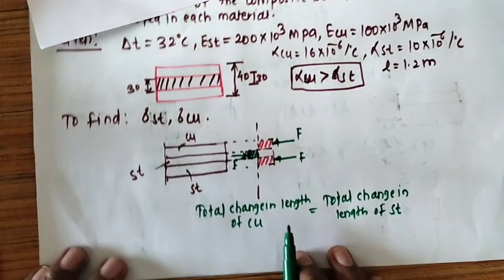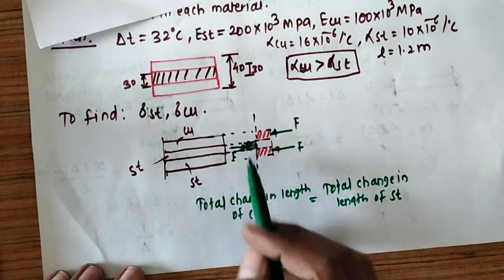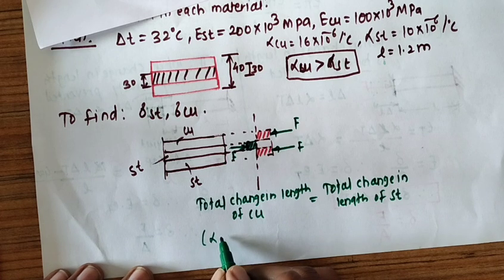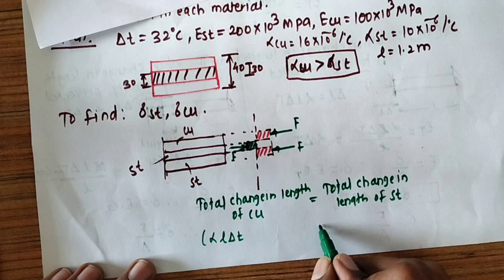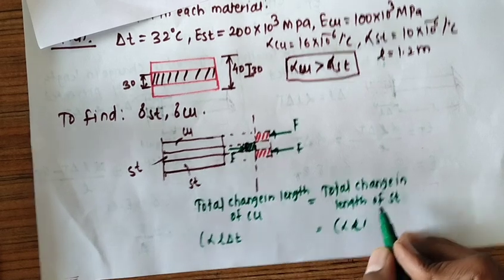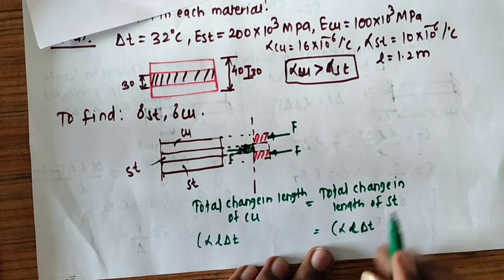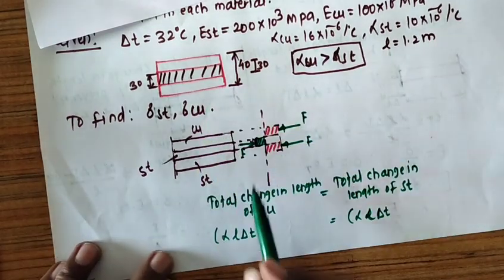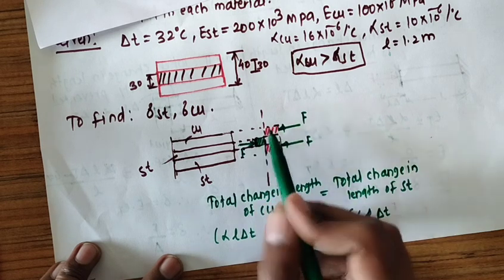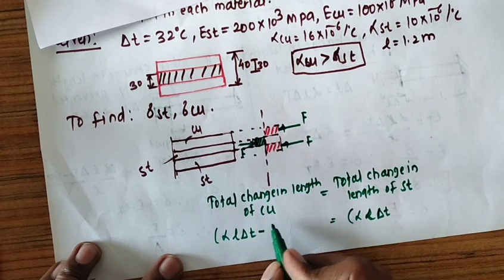Now what happened here? If they are not connected together, then their free expansion is alpha L delta T. Here also it is alpha L delta T. But as they are connected together, the expansion of the copper is restricted due to the compressive force. So it is minus, how much is it?